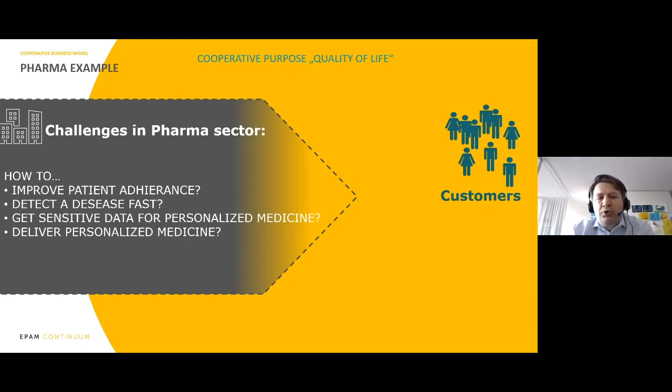It was very slow to get that personalized data for the pharma industry in order to construct the medicine, and this medicine is still not personalized. So it's one medicine for everyone without looking at the side effects because of the urgency we have nowadays in regards to the virus. And then it's the question, how are we going to deliver or distribute that medicine very fast if we don't have a direct customer relationship?